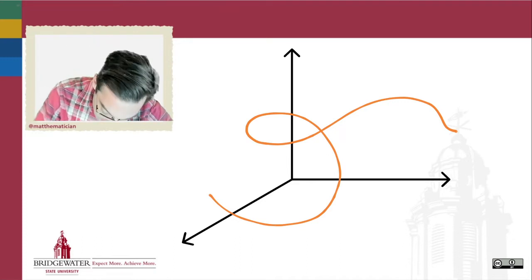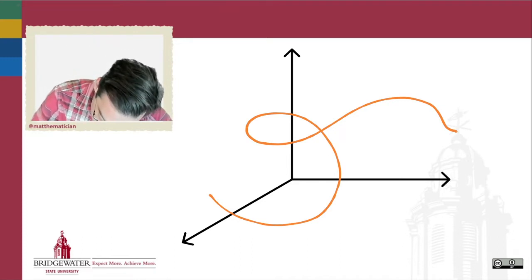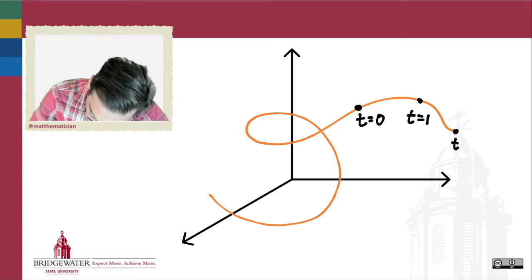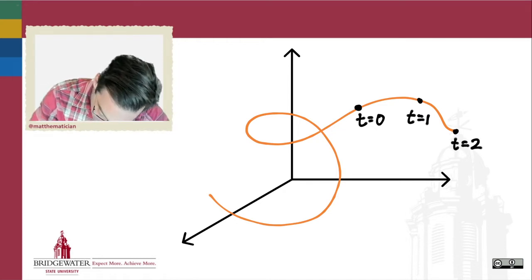The idea behind parameterizing a curve is figuring out some way that we can identify a single variable that we call our parameter, t, and that single variable can distinguish all of the different points on this curve from one another. The t equals 0 point is one of the points, t equals 1, t equals 2.